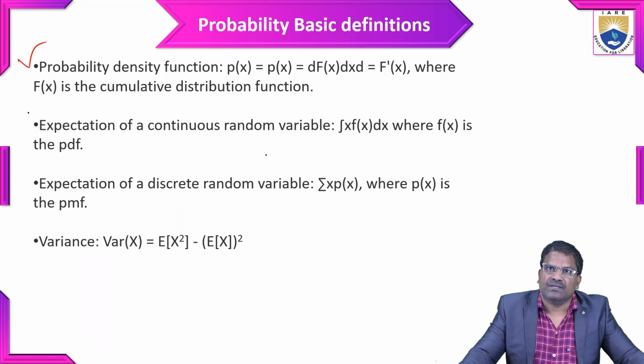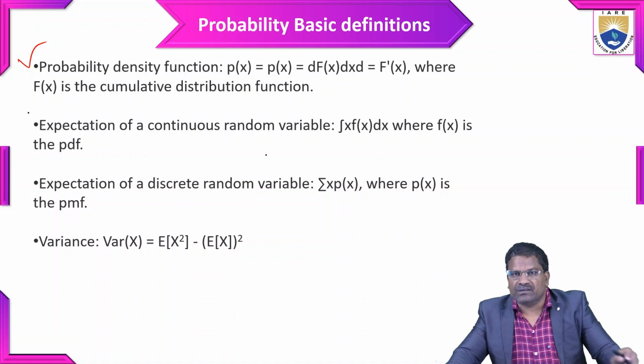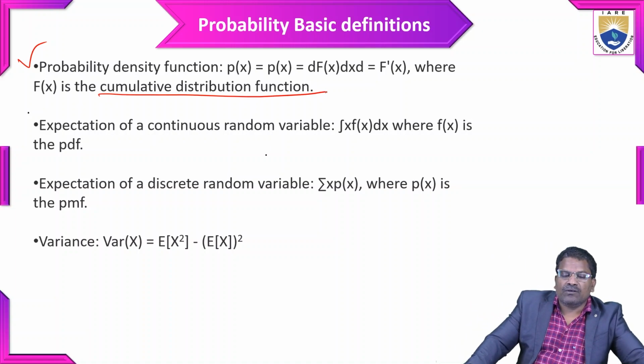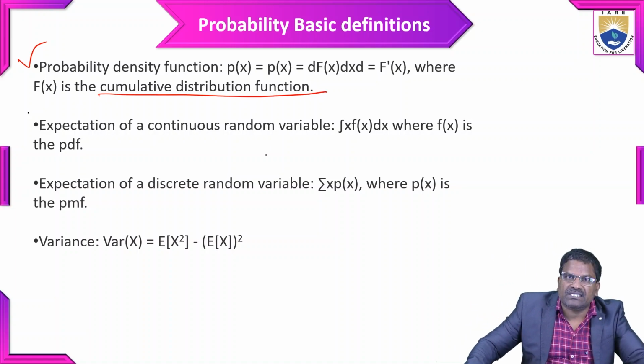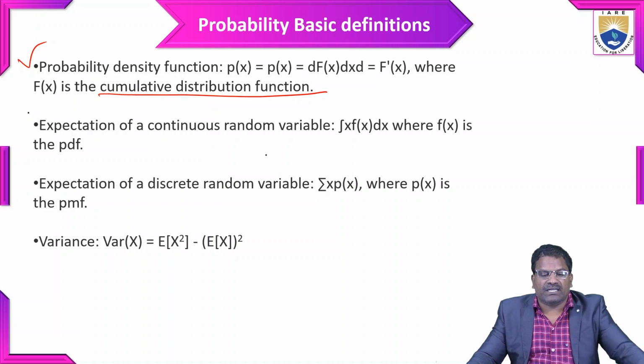It is the derivative of F of x, known as f dash x, where capital F of x is the cumulative distribution function. So if we take its first derivative, it becomes the probability density function.